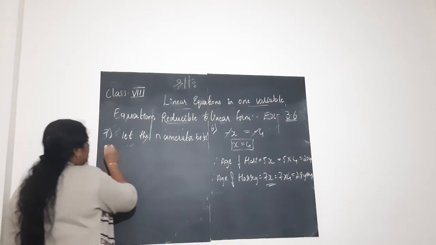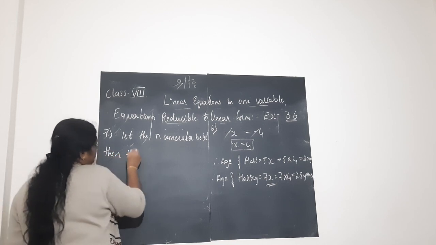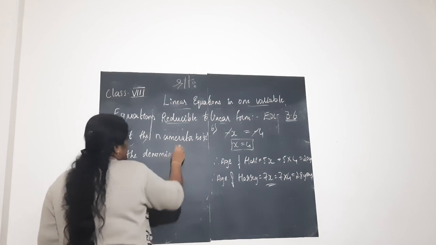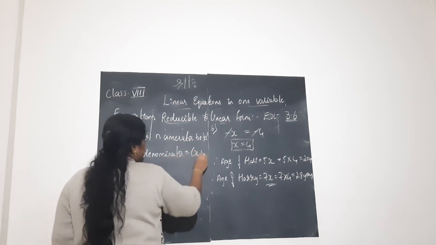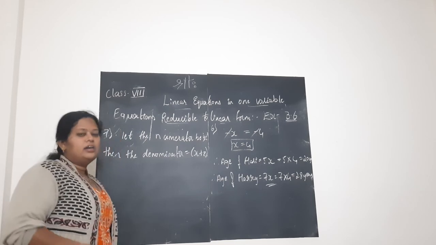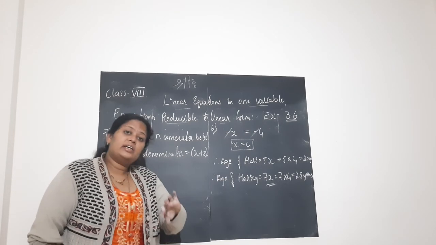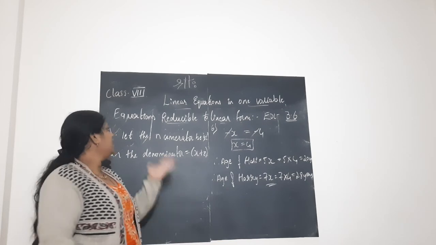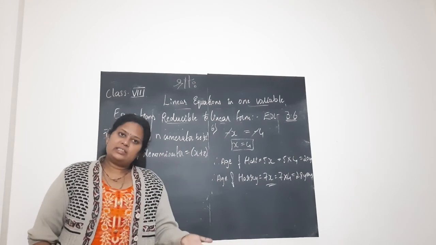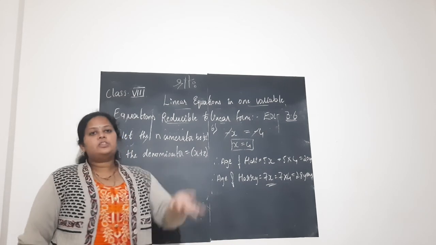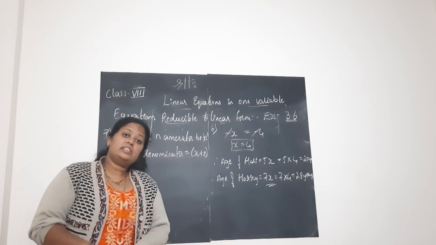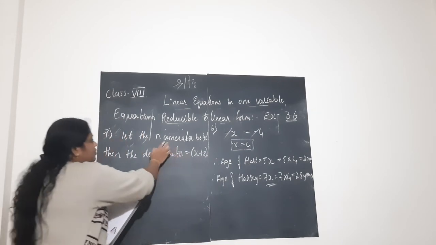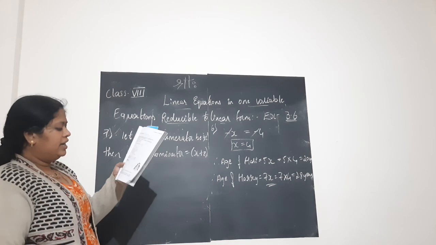So numerator is x, then the denominator is x plus 8. So they are telling the denominator is 8 more than the numerator. We are taking let the numerator be x, so then the denominator will be x plus 8. Why? They are telling in the first sentence the denominator is greater than its numerator by 8. That is the reason numerator x, denominator x plus 8.